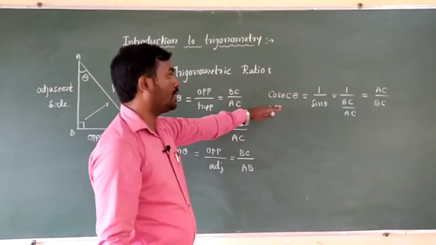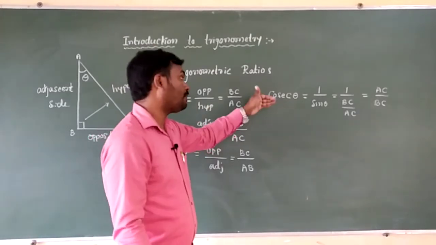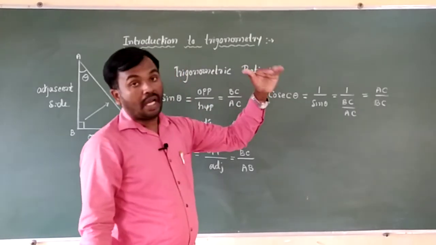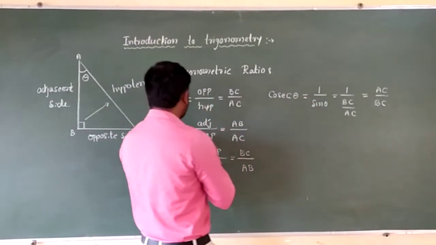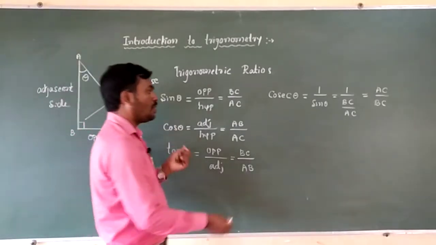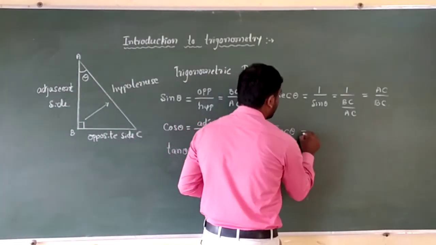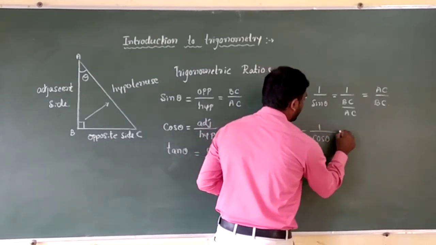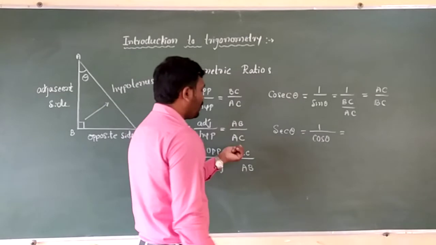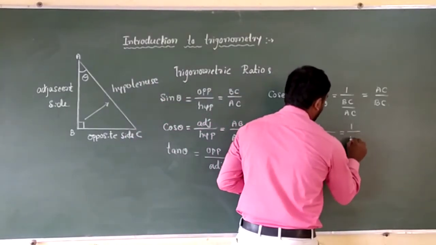It means cosec theta is hypotenuse divided by opposite side. Next, the reciprocal of cos is secant. So secant theta is equal to 1 by cos theta, which is 1 by AB by AC.